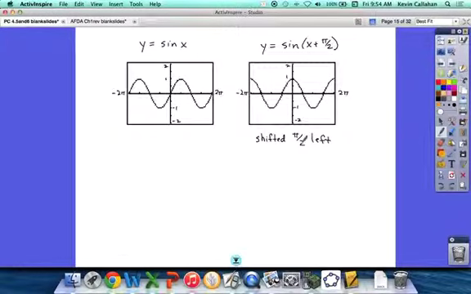And that's what is going on here. If you take this graph, the sine, and notice that it had a maximum at pi over 2, but when we added the pi over 2, now it's got a maximum at 0, which is pi over 2 to the left.